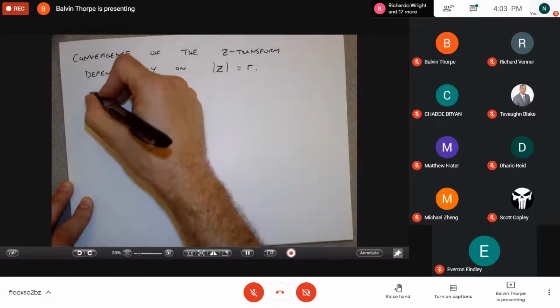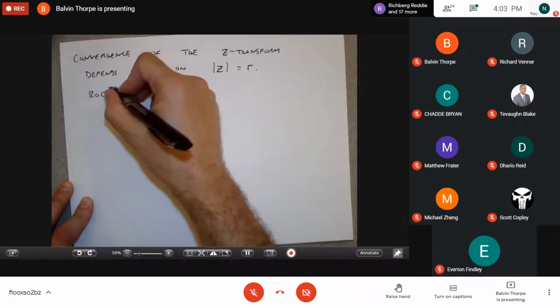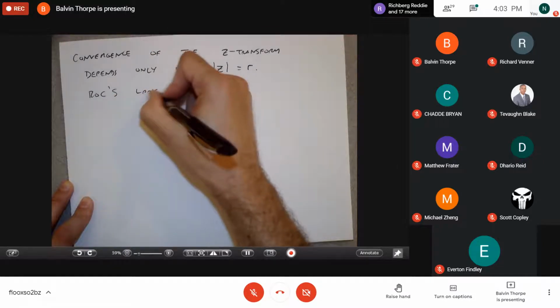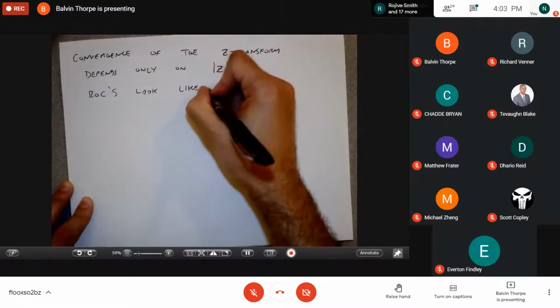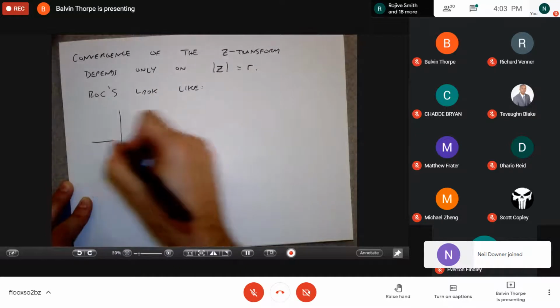So regions of convergence look like things that only depend on the radius.